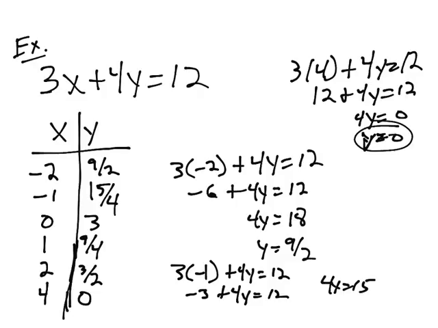Okay, these 2 points that I happen to find, 0, 3, and 4, 0, are going to be the x and the y intercepts.